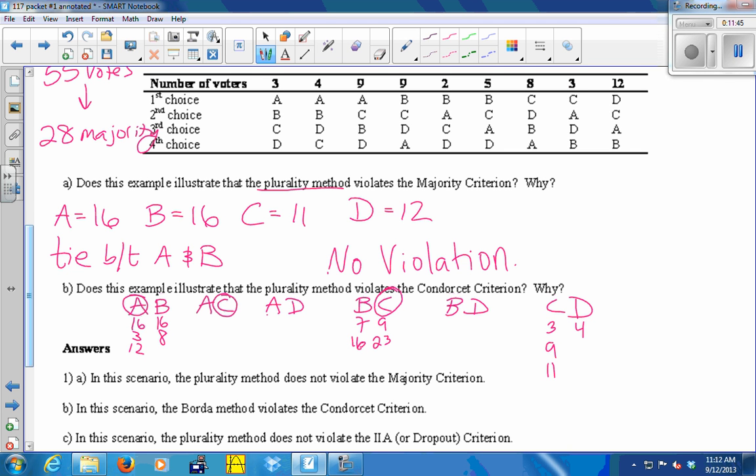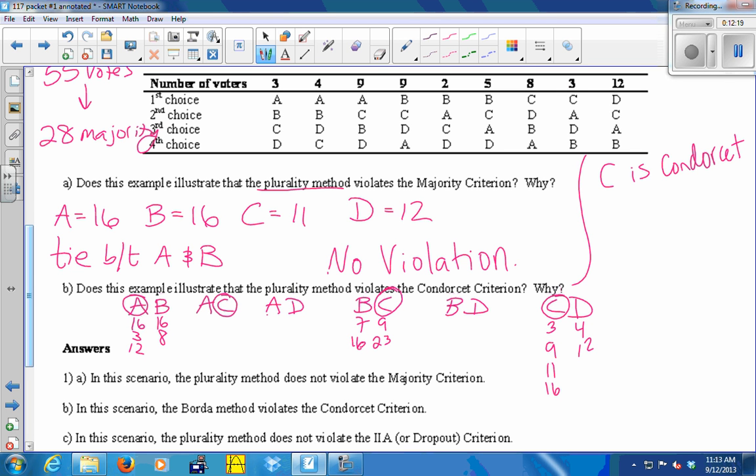And then we have C, C, C. So these 3 columns all go to C. 5 and 8 is 13, 16. And then the last one, 12, goes to D. So it looks like C is the winner here. So I have now seen that C won all of its head-to-head matchups. C is undefeated. So we say C is Condorcet.